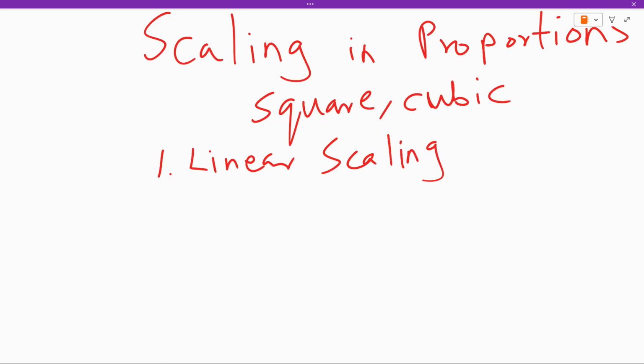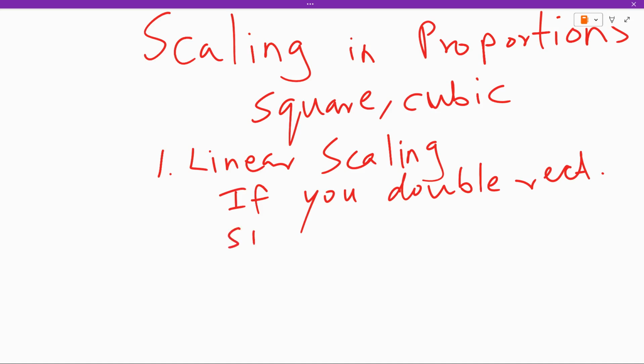Linear scaling means quantities grow or shrink proportionally. If you double a rectangle side, let me write this down, the new side is 2 times x. So the change will be proportional.